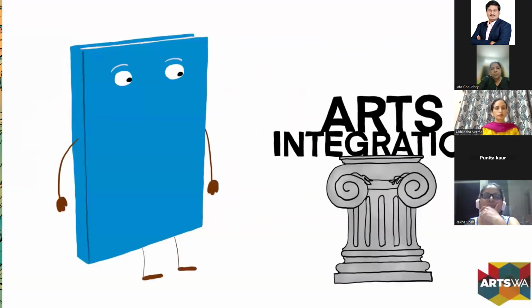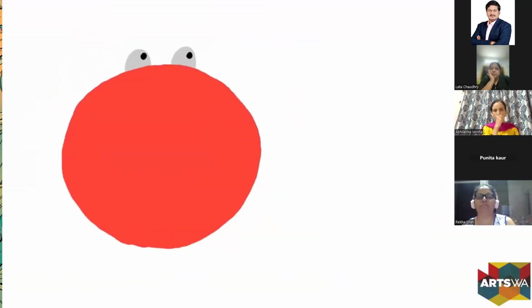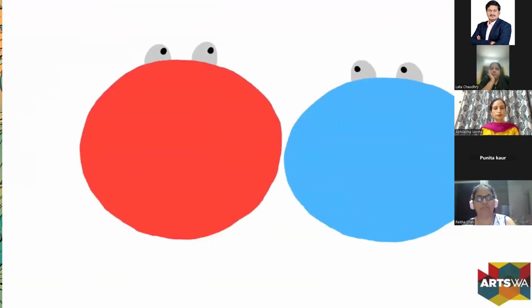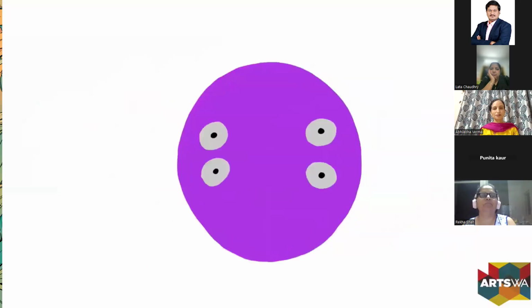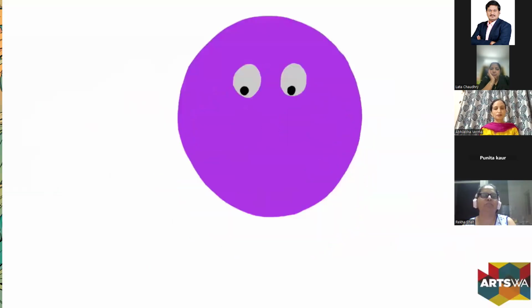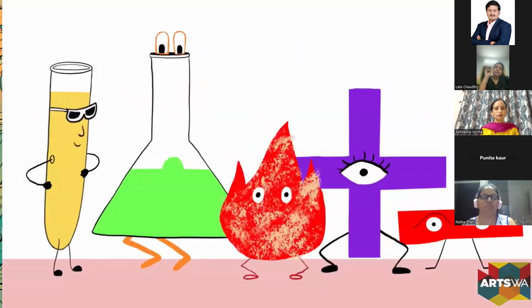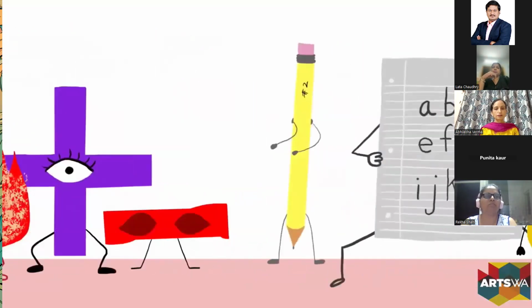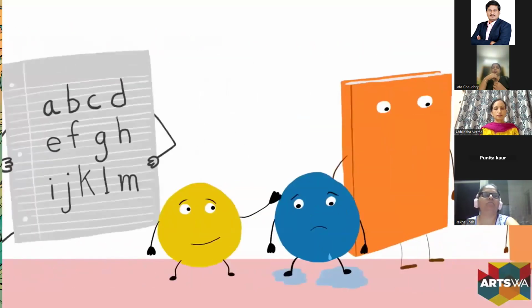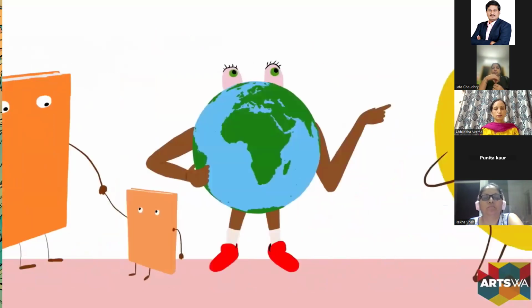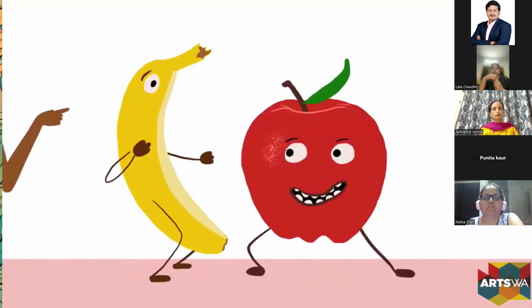Maybe you've been wondering, what exactly is arts integration? Arts integration is a way of teaching that connects any classroom curriculum with arts learning. Classroom curriculum can include subjects like science, math, language arts, social-emotional learning, literacy, social studies, health, and more.